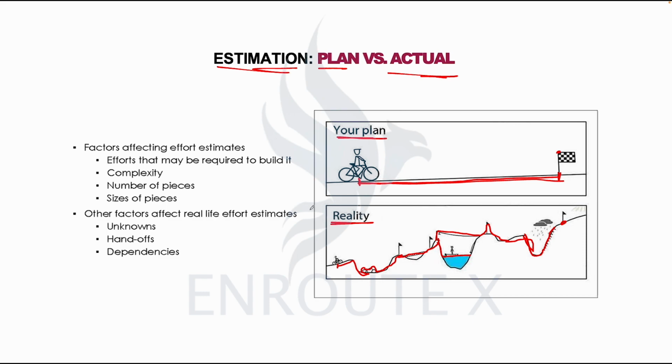And that, of course, is why you need a scrum master to be supporting the team to deliver. So in all, note that your plan is always different, or mostly always different, from the actual.